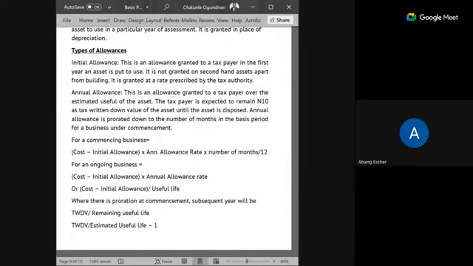Yes, sir. Continue. So now the next one we have is investment allowance. What is investment allowance?